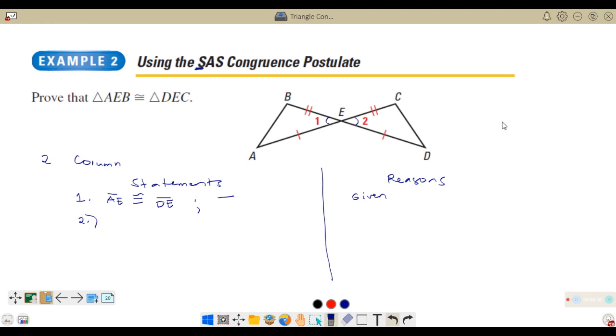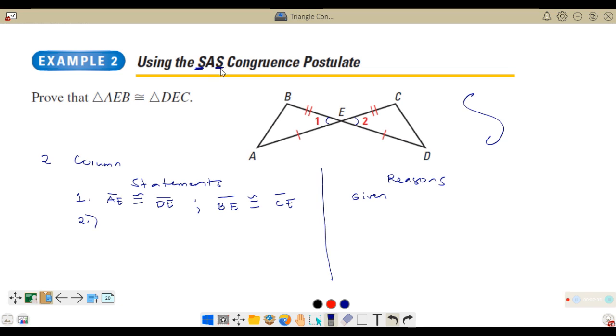Ayaw niya sumulat. Ayun, sumusulat na siya. Side BE is congruent to side CE. Okay. Again, given lang din siya.